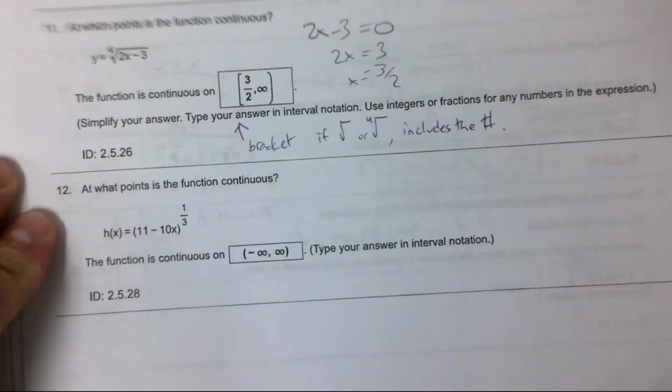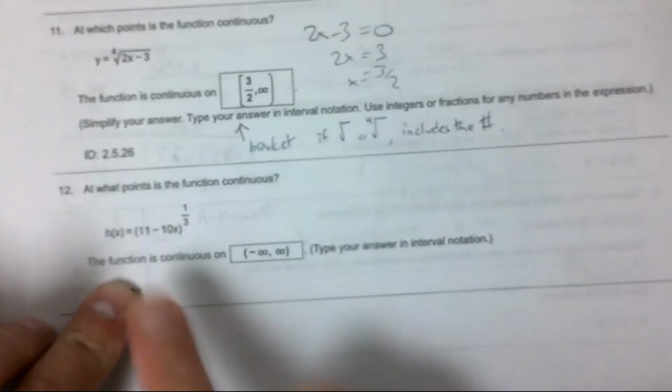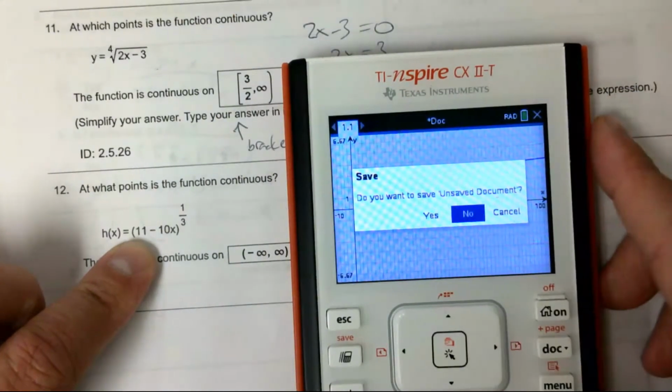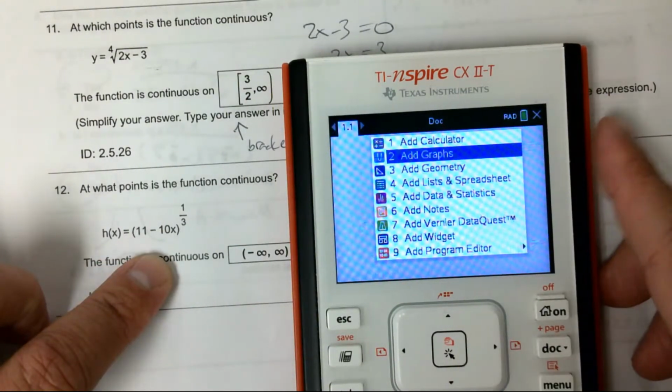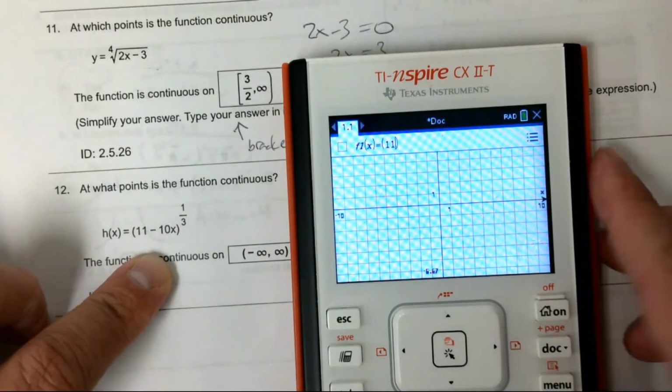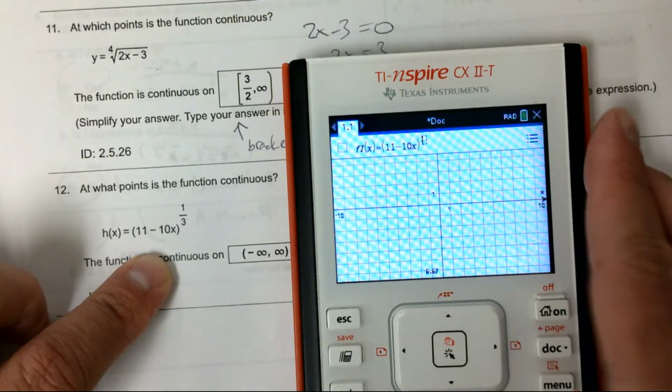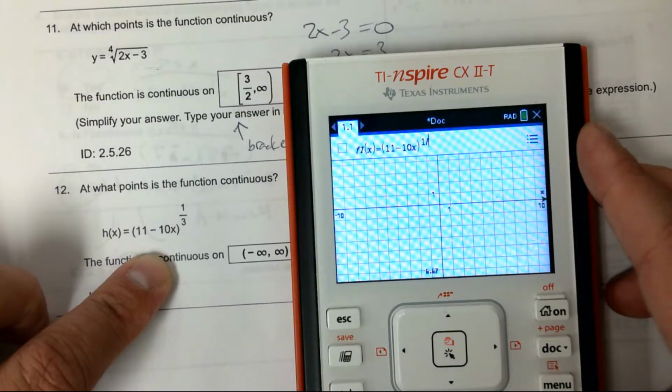Okay, then on this one we want to graph it. (11 minus 10x), raise all that to the 1/3 power, and it looks like that.